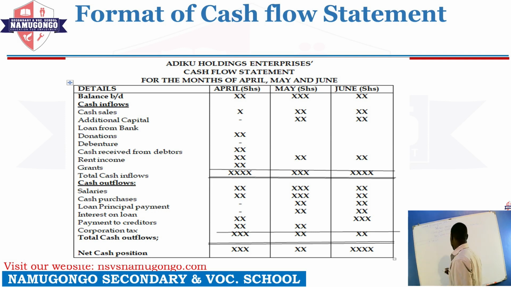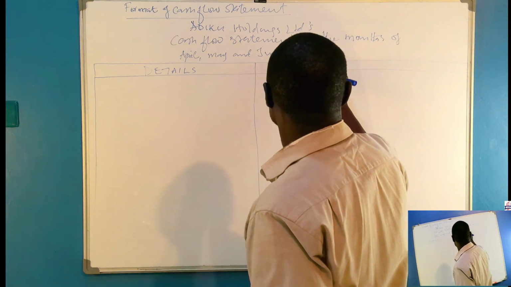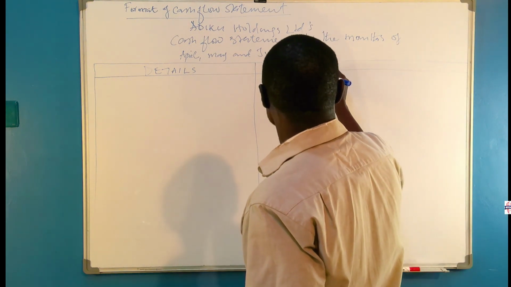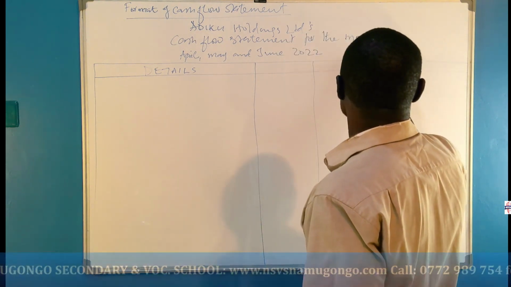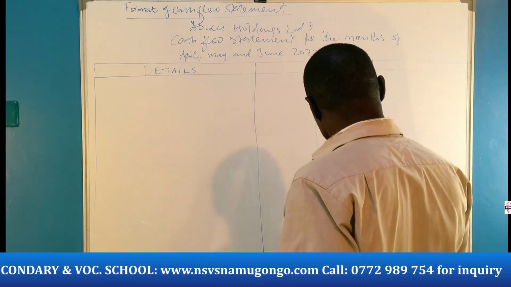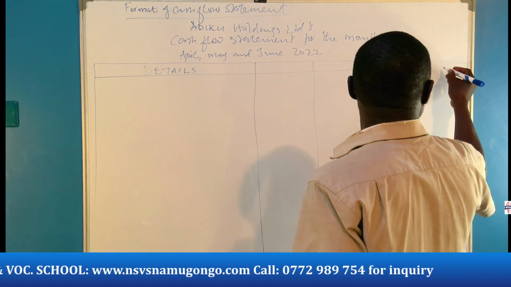Now, the other months we have mentioned here are April, May, and June. The remaining parts we shall be having 3 columns for the months. We have April, May, and June.